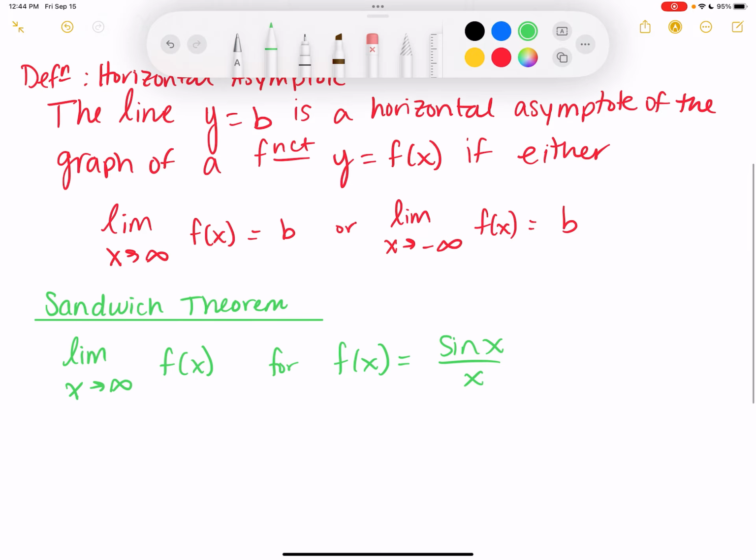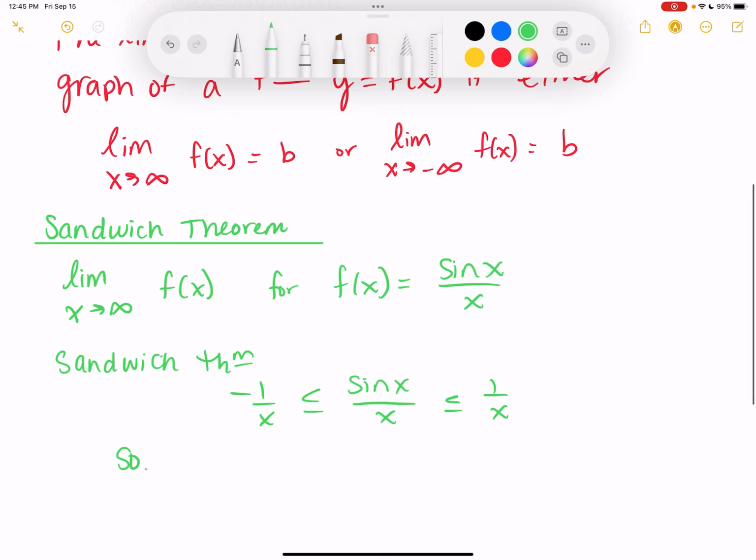The sandwich theorem, I can't spell, would say that we have negative 1 over x is less than or equal to the sine of x over x is less than or equal to 1 over x.